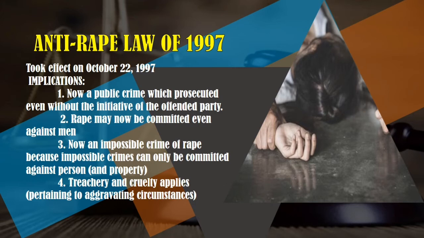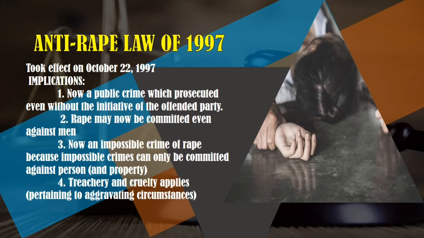Second, rape may now be committed even against men. And third, it is now an impossible crime of rape, because impossible crimes can only be committed against person and property. And fourth, treachery and cruelty apply. This pertains to aggravating circumstances.